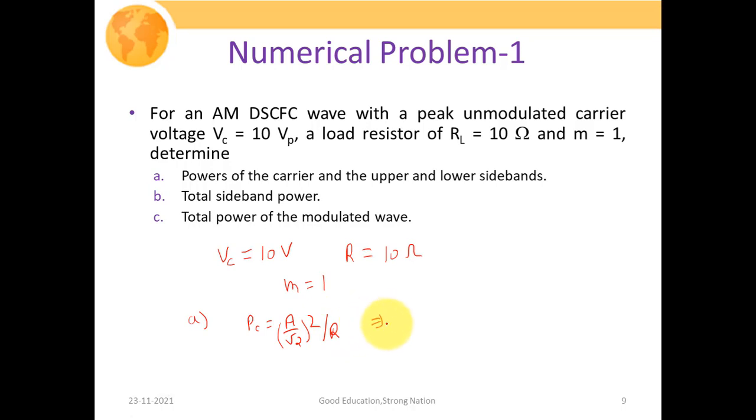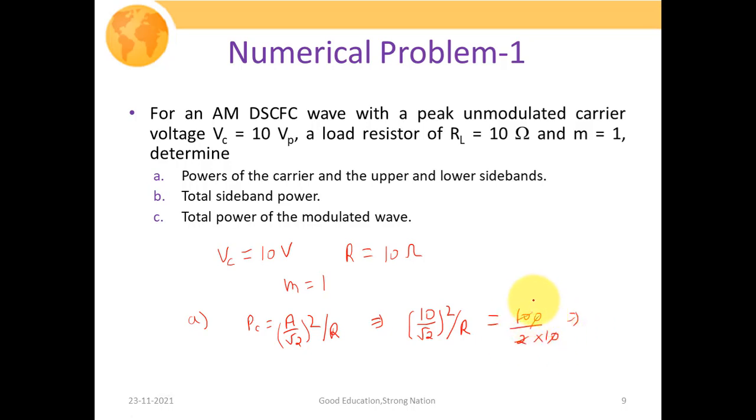In a similar manner, the peak amplitude of your carrier signal is 10 volt divided by root 2, since we have to take the RMS value. So this is how we evaluate the RMS value squared divided by R. That will be equal to 100 divided by 2 times 10.